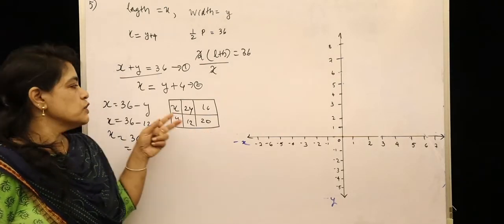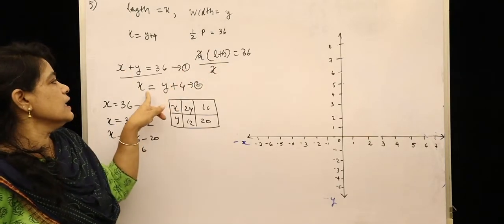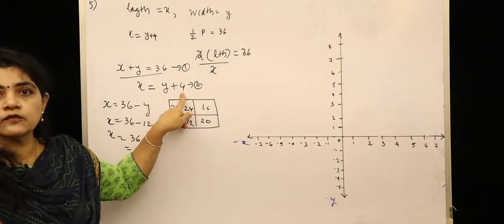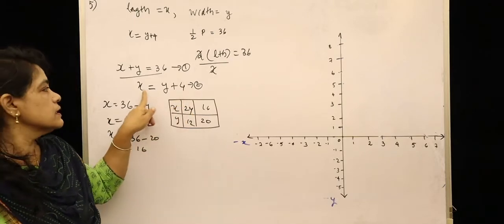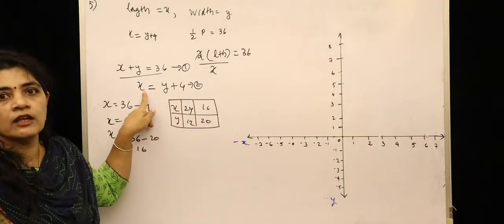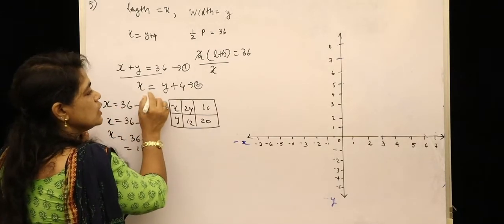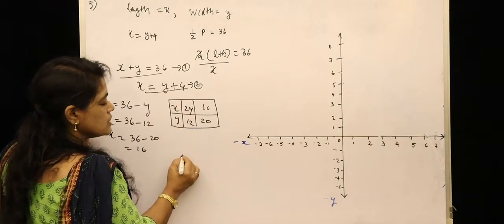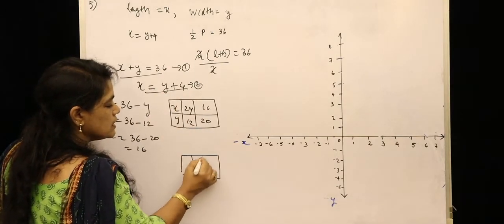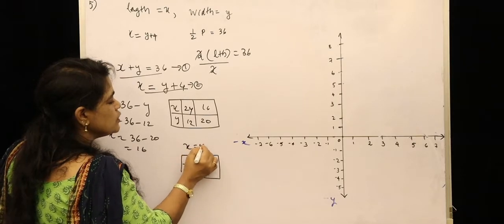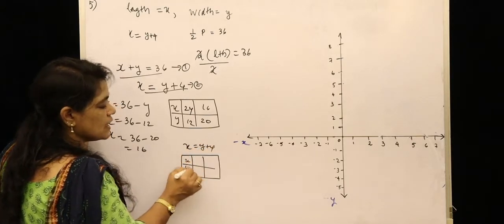And in order to get the solution set for the second equation, x is equal to y plus 4, that is again very simple. This is already with respect to one of the variables. So this is the solution set for the second equation, x is equal to y plus 4. Here comes x and y.